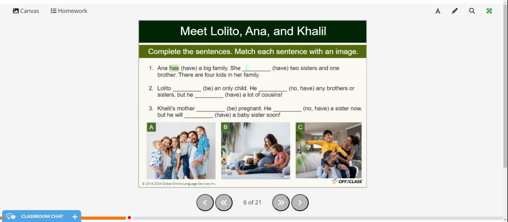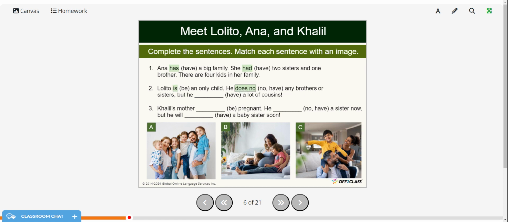She has two sisters and one brother. There are four kids in her family. Lolito is an only child.